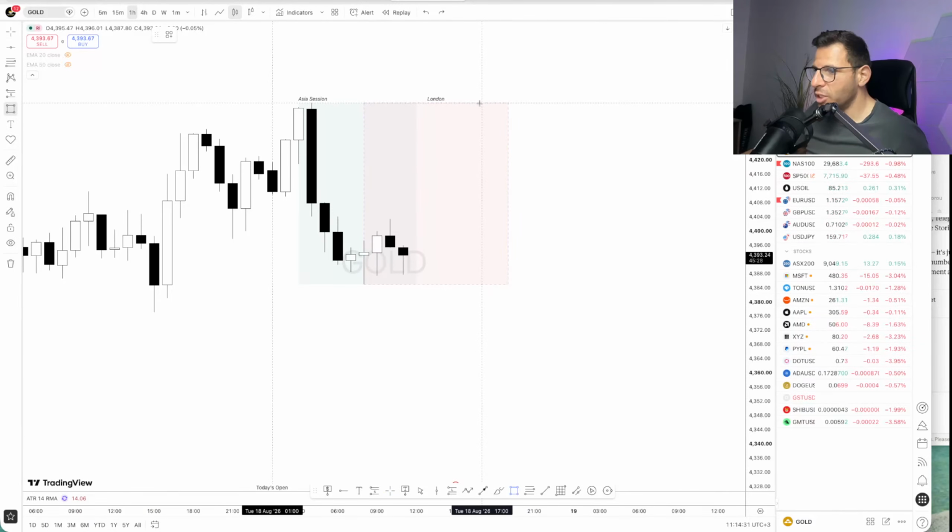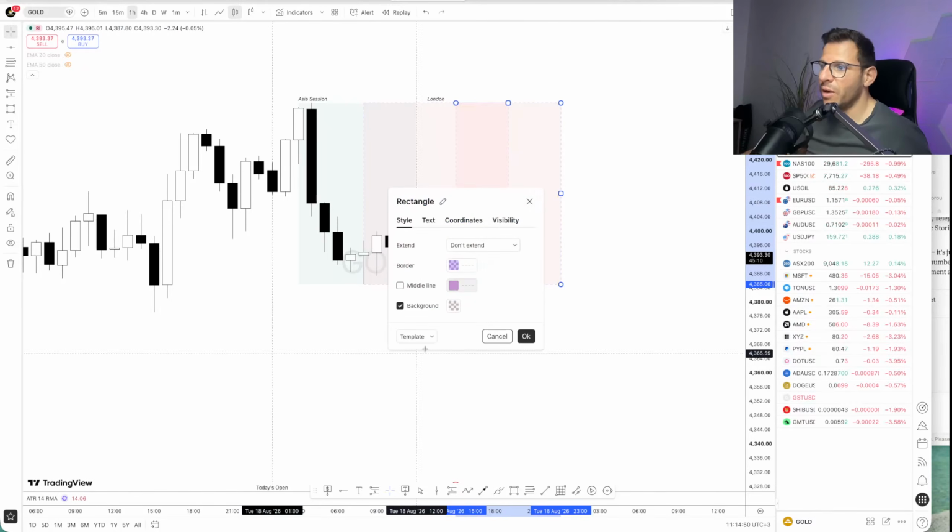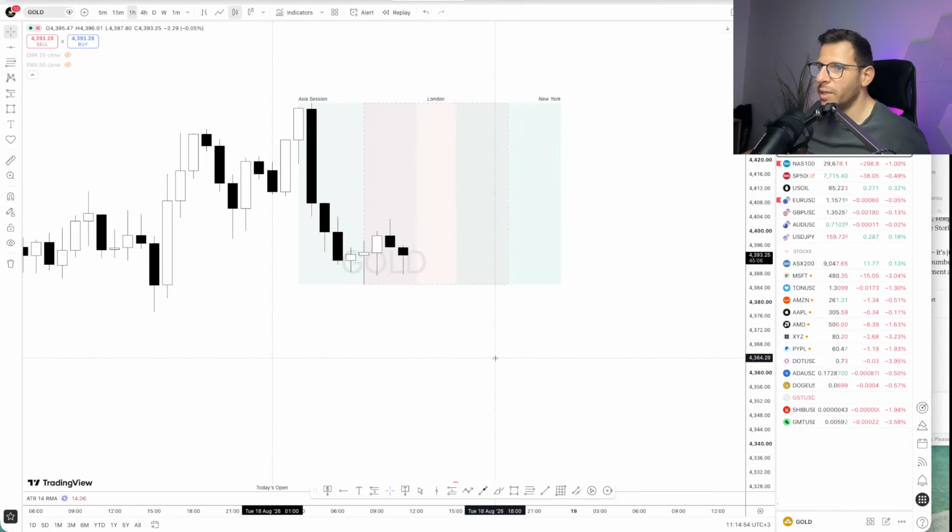The New York session technically starts from here and goes up to 11 p.m. my time. So that's from 3 to 11, and here is the template for New York. Okay, perfect.